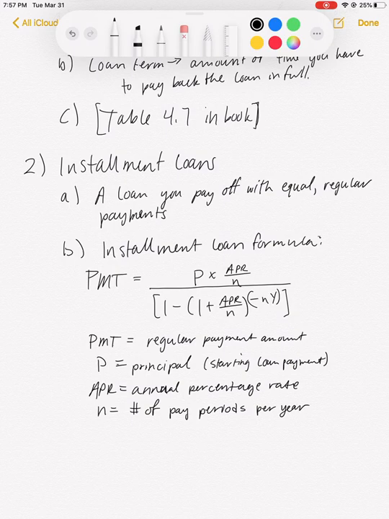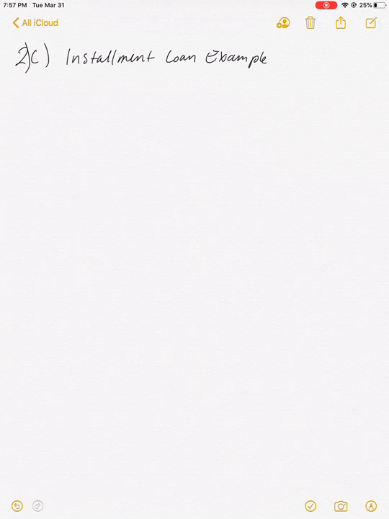And Y is the loan term in years. Okay, and so here's our formula. Continuing on, we're going to do an installment loan example here, and it's 2C on the next page of our handout.